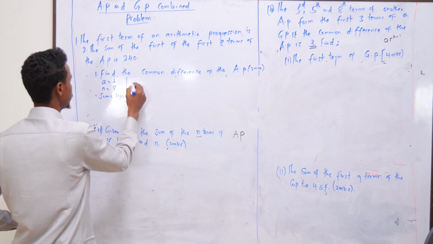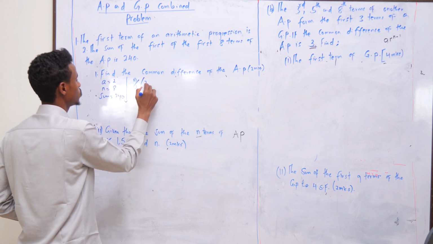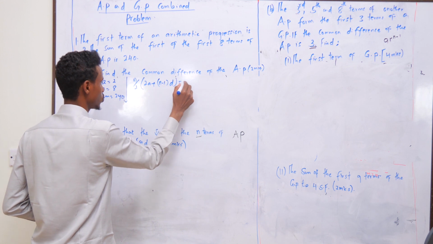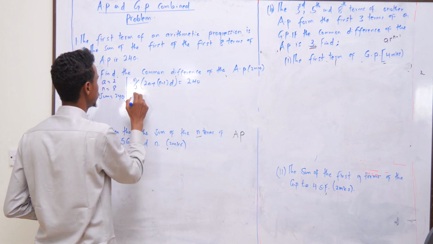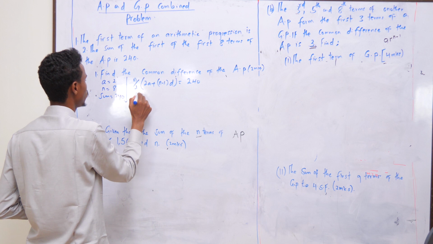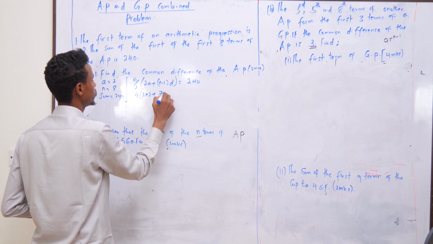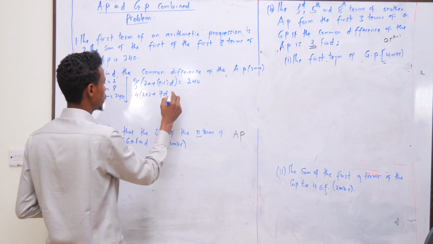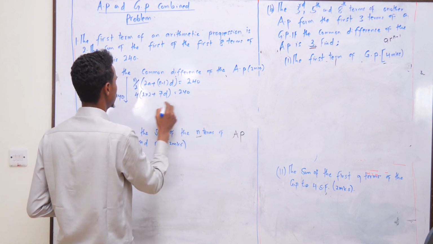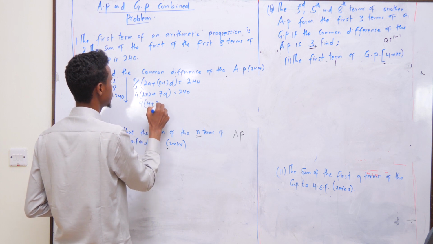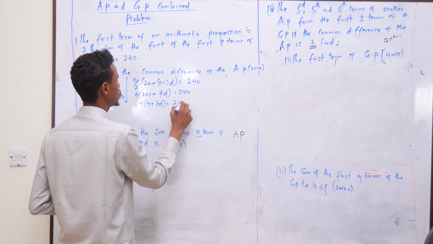Now you use the formula: n over 2 times (2a plus (n minus 1)d) is equal to the sum, which is 240. It will be 8 over 2, which is 4, into bracket, 2 times 2 plus 7d, gives us 240. And that will be very simple. It will be 4 into (4 plus 7d) gives us 240.